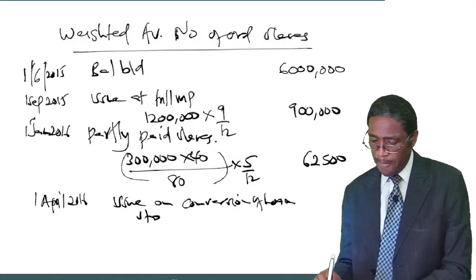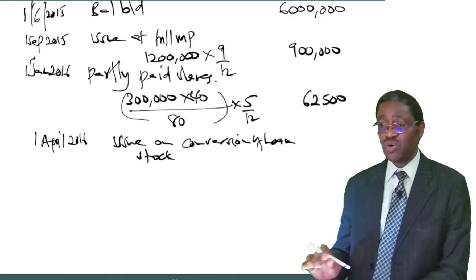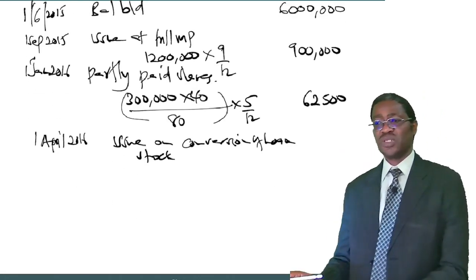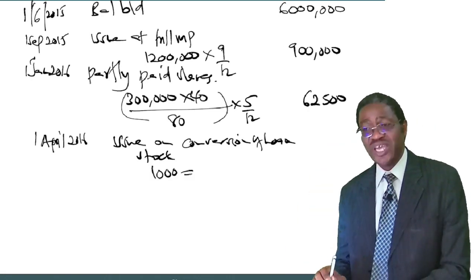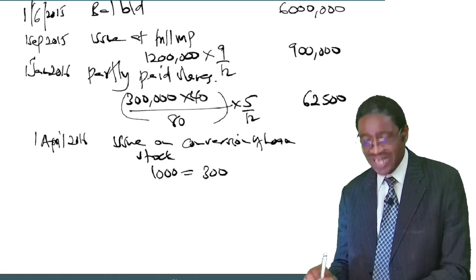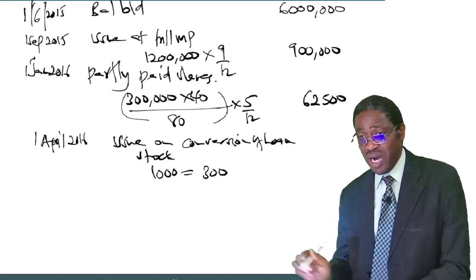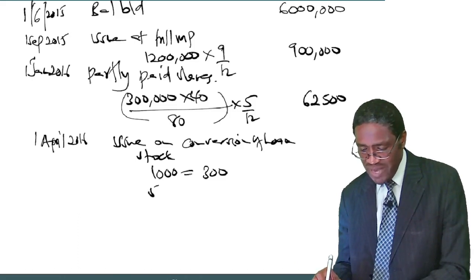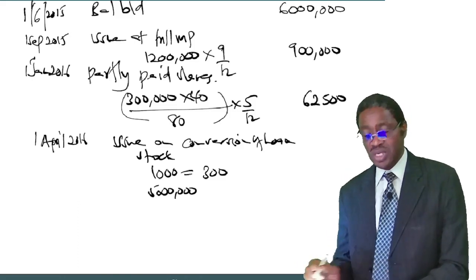So let's compute the number of shares now. For every 1,000 shillings, you get 300 ordinary. That was the agreement. What about for the shillings 5 million that converted?